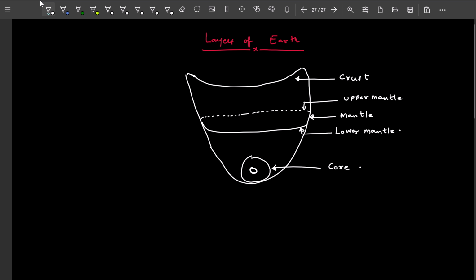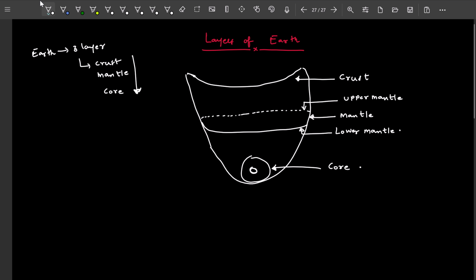So the earth has 3 layers. What are those 3 layers? Crust, mantle, and core, from top to bottom.